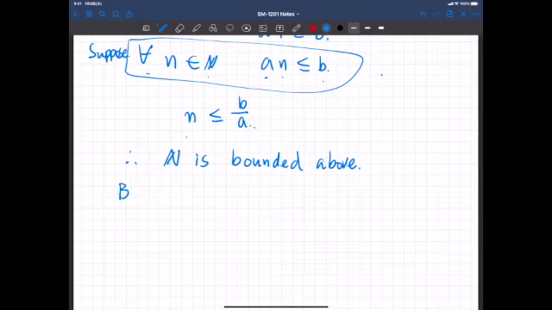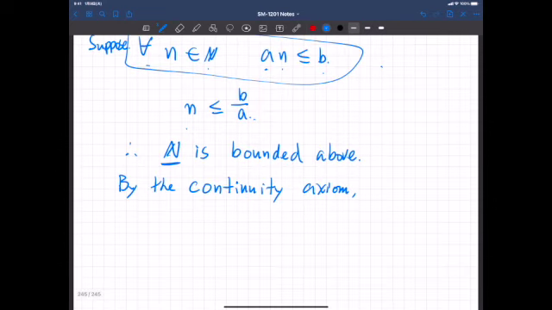by the continuity axiom, there is a supremum. The supremum of this set exists. So the supremum of natural numbers does exist.